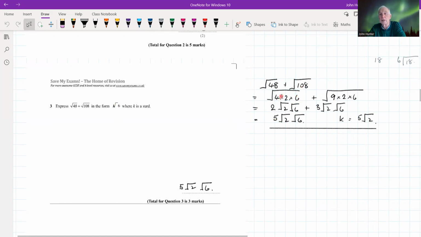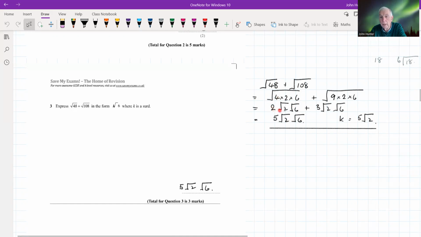But it's also a good idea to factorize out any square numbers as well, because we can take those out of the bus shelter. So that's what we got. Square root of 48 is square root of 4 times 2 times 6. 108 is 9 times 2 times 6. So we can put these bits in their separate bus shelters. So square root of 4, well, we'll just write that as 2.